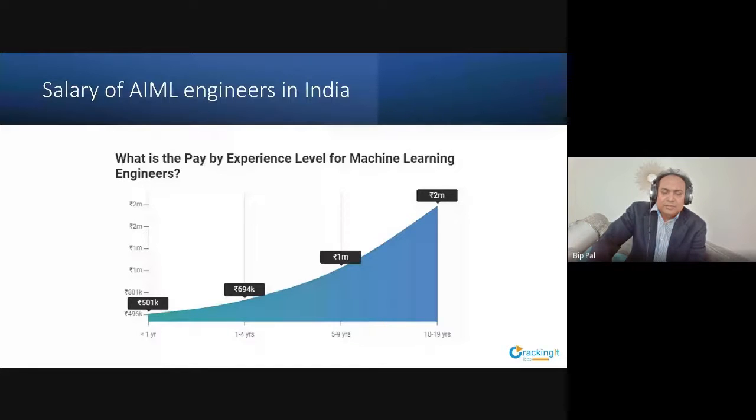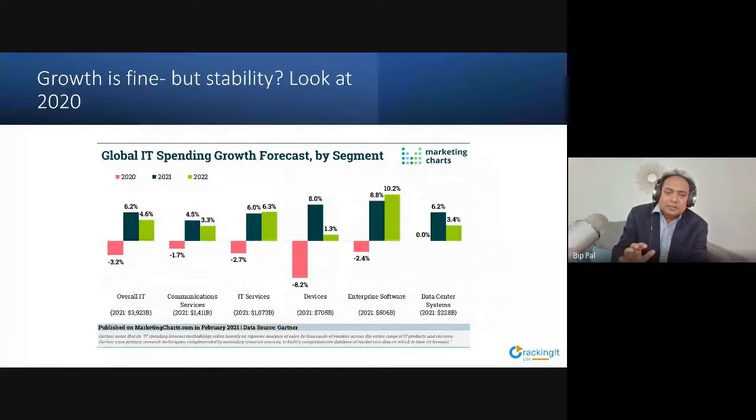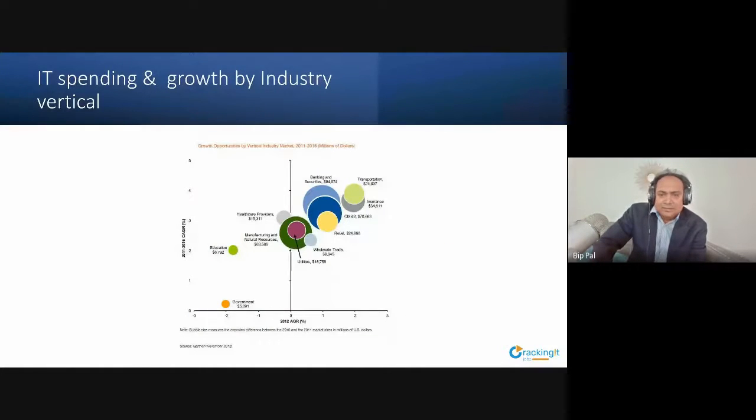So obviously, what you really need to look into for your career, I'm just trying to summarize the entire learning, is that not only do you look into the size and growth of that particular industry, which is important, at the same time you also need to be careful about the supply line. That supply line is becoming very thick because anybody can learn it, because anybody can get exposure to it. I don't think that fundamentally learning AIML versus mobile app versus cloud, any of them is difficult.